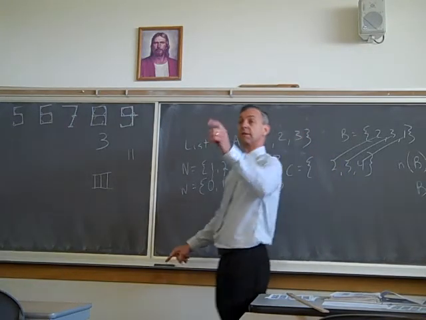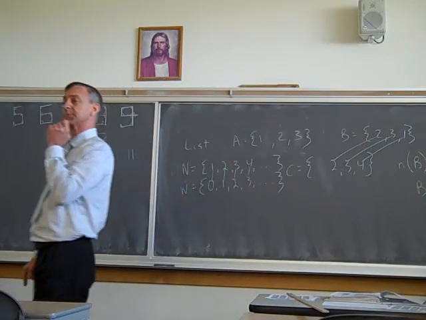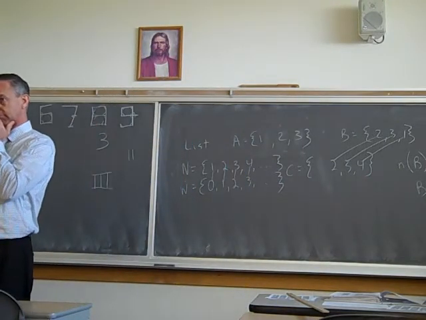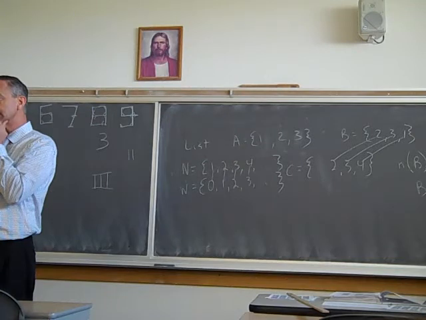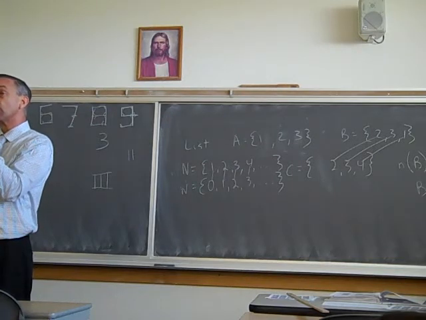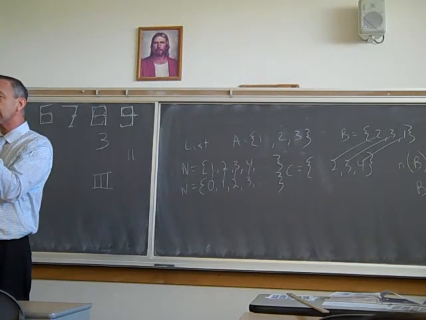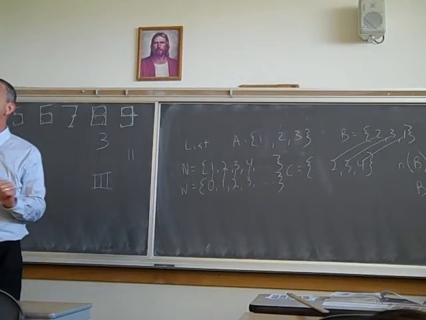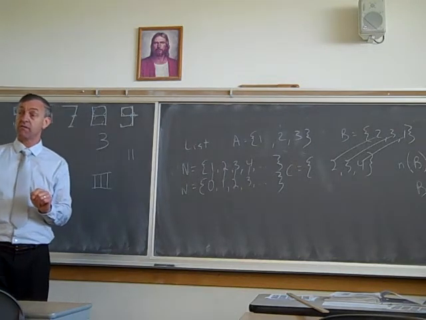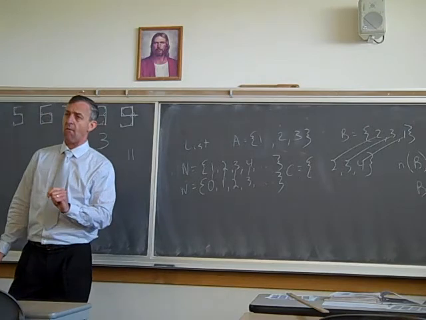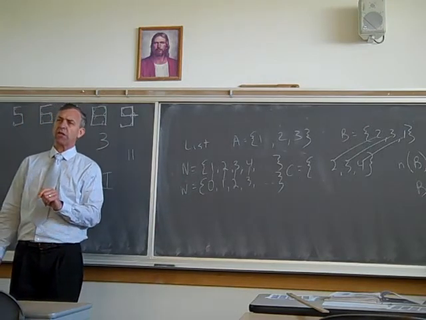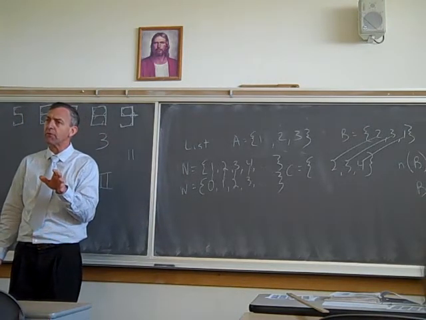Question, comment? Wouldn't the whole numbers have more numbers in it because you do have the 0, and so you're matching the 0 up with the 1? Which one's bigger? You might think that right at first.